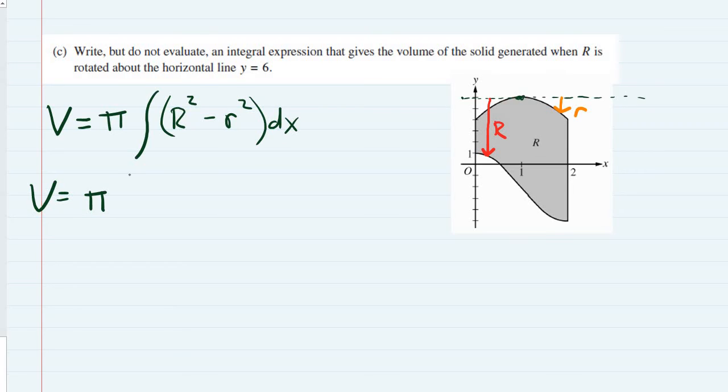So we can say pi times, we're integrating from 0 to 2, so we're going to add that in. Okay, well, big R. Well, what is this distance here? Well, it's going to be this function, 6 minus this lower function, which we called g of x. So this is going to be 6 minus g of x, and that is squared, minus, okay, the distance r.